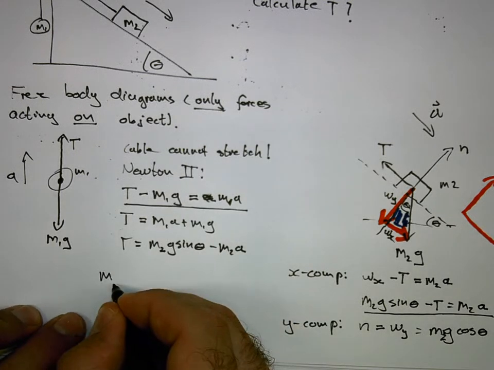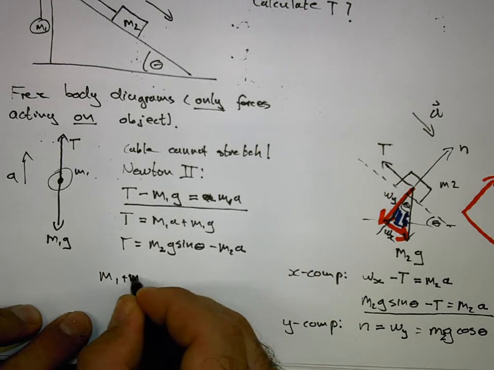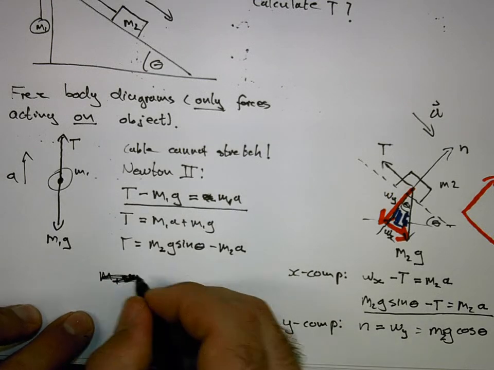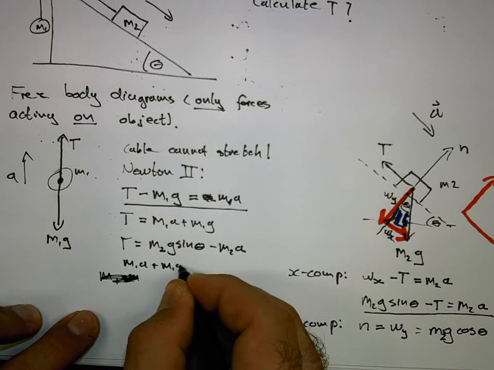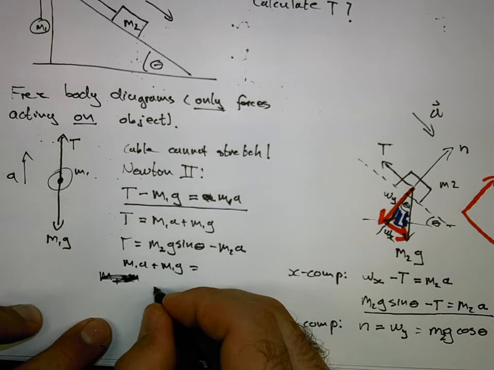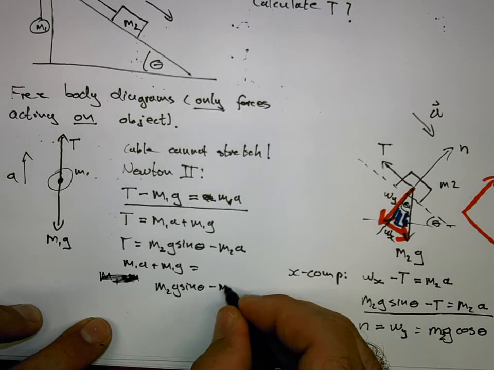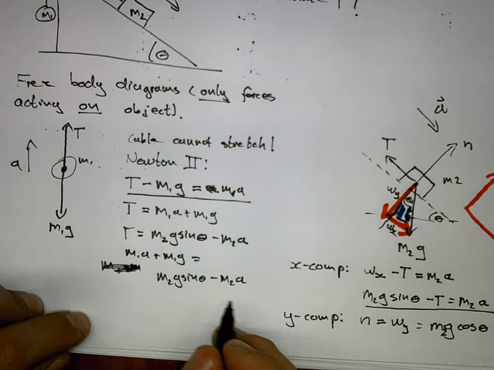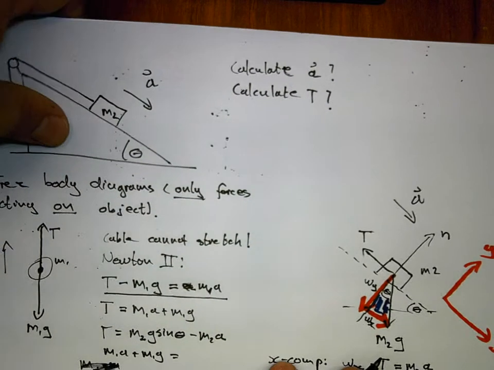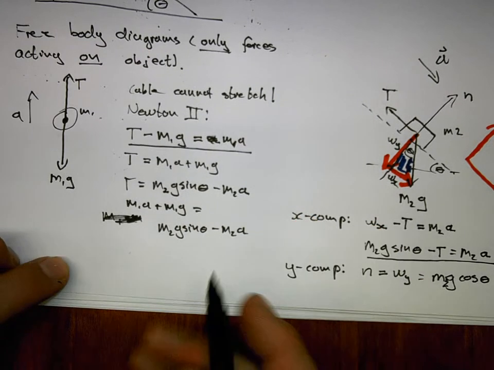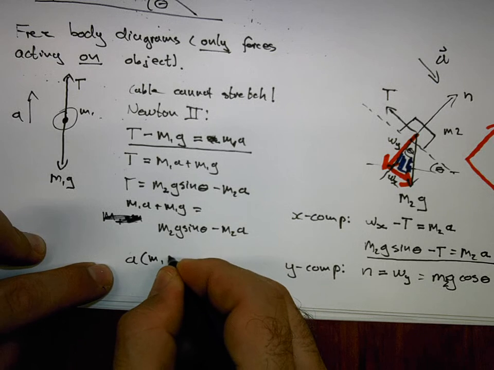So m1a plus m1g is now going to be equal to m2g sine theta minus m2a. Remember we are asked to calculate for a. So if we write all the terms with a on one side, we've got a times m1 plus m2.